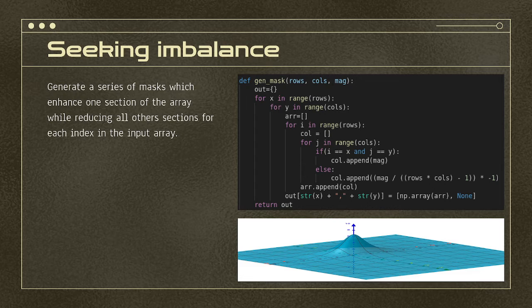It's going to increase one part of that array, which is this right here, and then all other parts, to make sure that we aren't disturbing the data too greatly by adding a huge amount, we're going to slightly decrease all other locations of that array by enough that it will balance out the amount of the increase. So basically, this is just going to enhance one particular section.